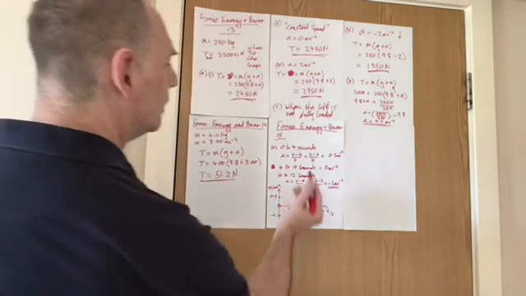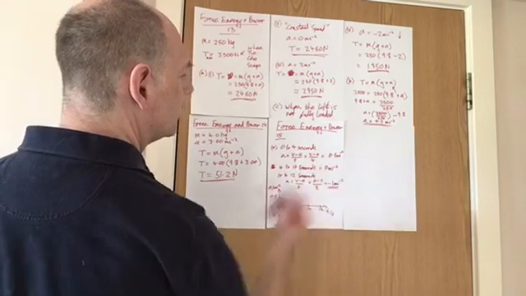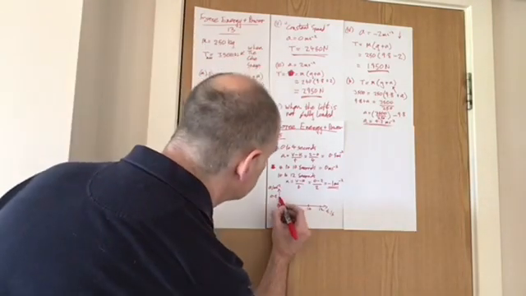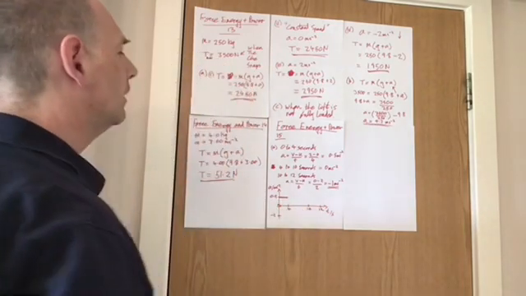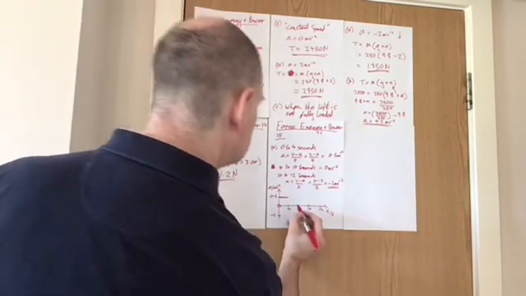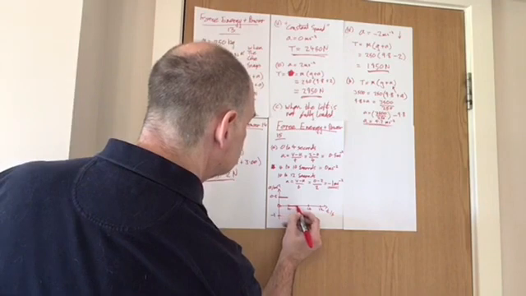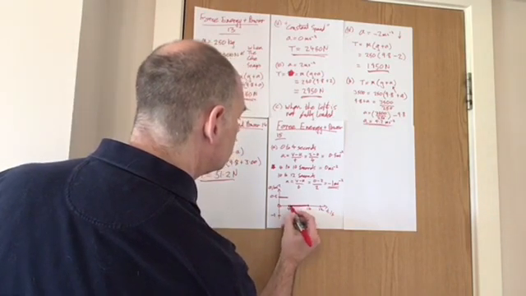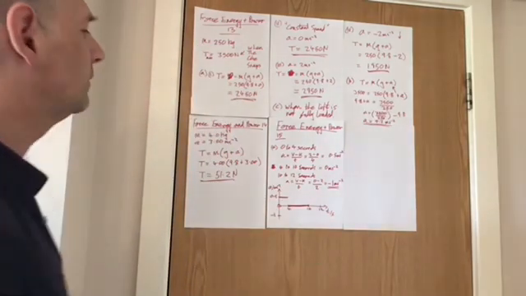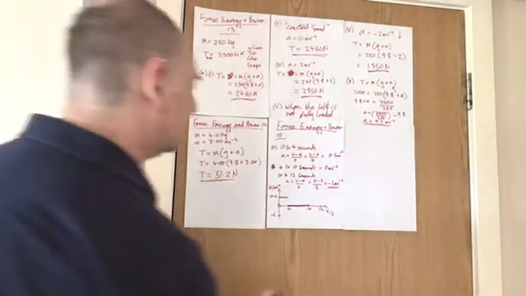So, from 0 to 4 seconds, it has an acceleration of 0.5 meters per second squared, so that's going to go across like so. And then from 4 to 10 seconds, it's going to have an acceleration of 0. So I'm going to draw that along the axis where it belongs. And then from 10 to 12 seconds, it's going to have an acceleration of negative 1.